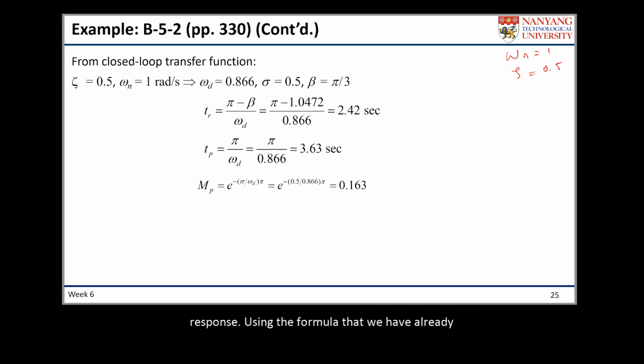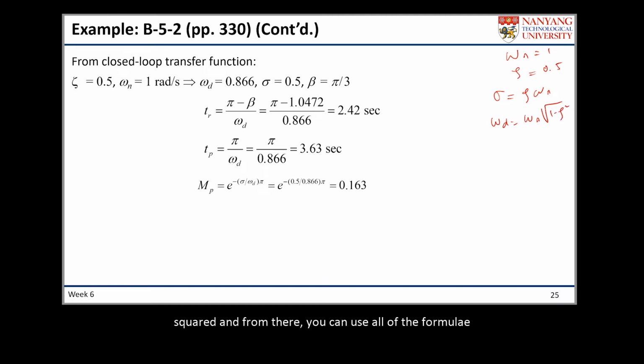Using the formulas that we have already discussed before, you can find sigma, where sigma is equal to zeta omega n. You can find omega d, which is equal to omega n times the square root of 1 minus zeta squared.